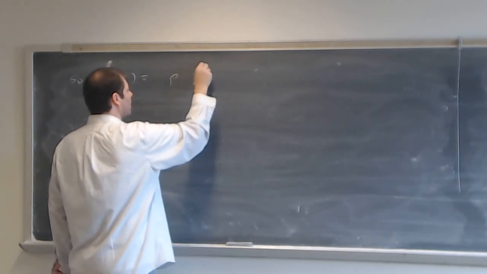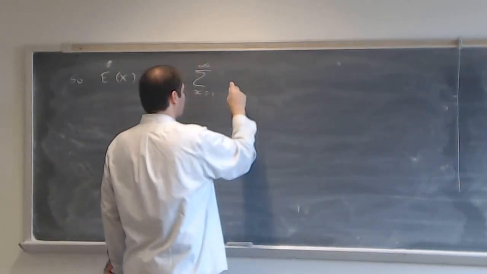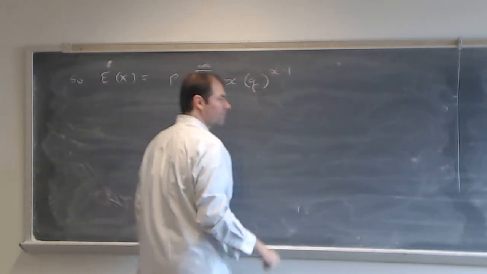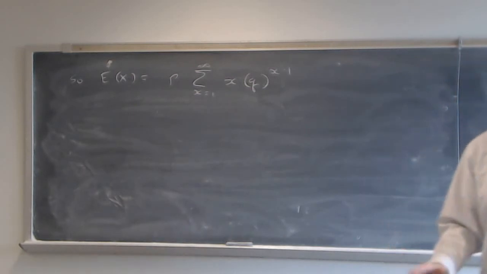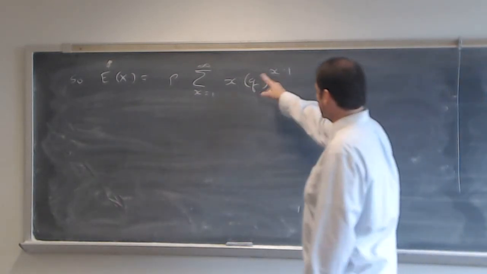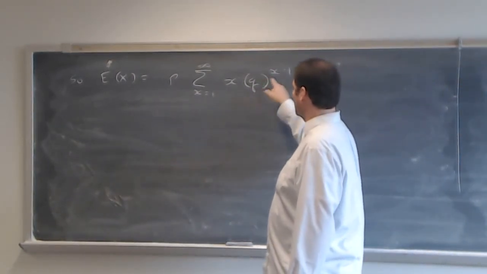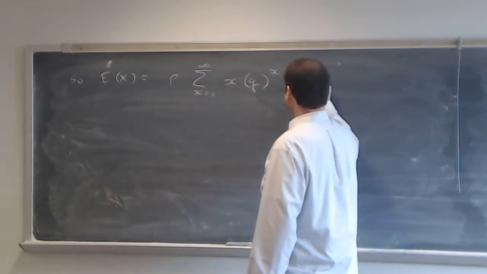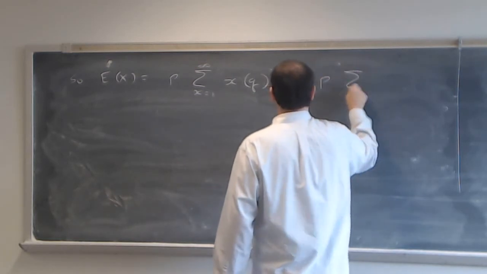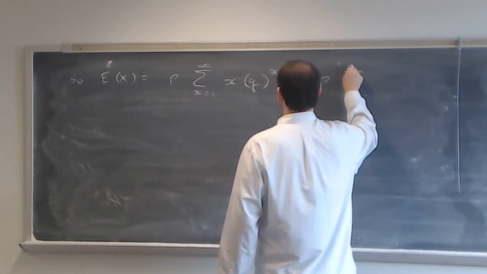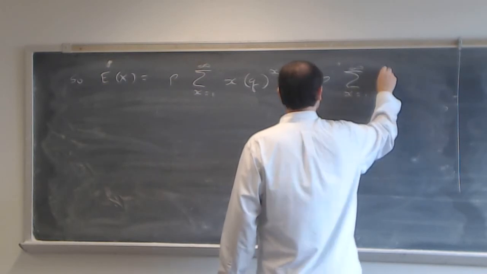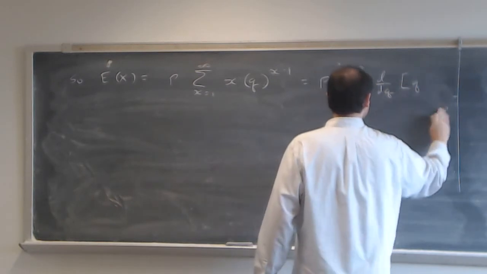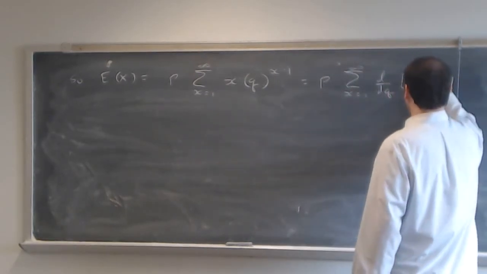Now the expected value of x is p times the sum as x runs from 1 to infinity of x times q raised to the x minus 1. Thinking of q as a variable, this looks like the derivative of a variable raised to a power, where we think of the power as a constant. So symbolically this is p times the sum of the derivative with respect to q of q raised to the x.